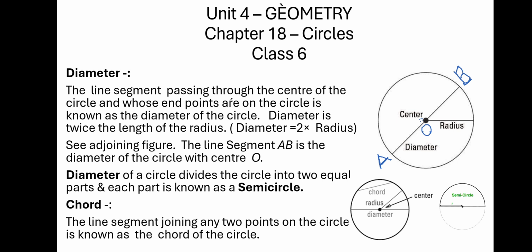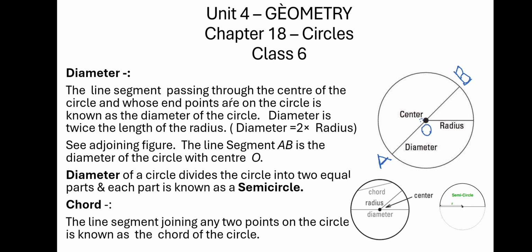So here AB is the diameter of the circle with center O. The diameter of the circle divides the circle into two equal parts, and each part is known as a semicircle. You can see in the diagram that the diameter divides the circle into two equal parts. Each is known as a semicircle.